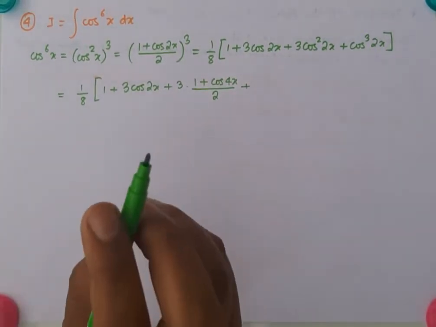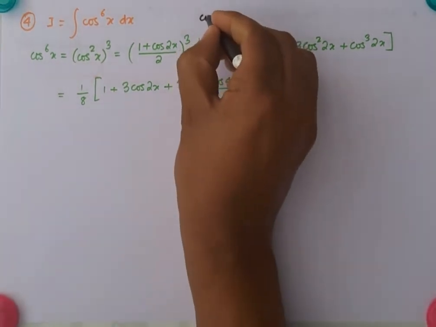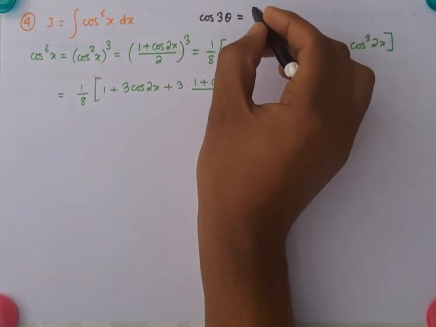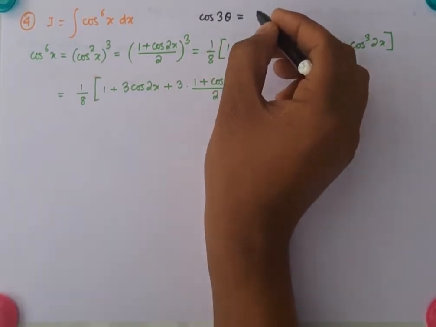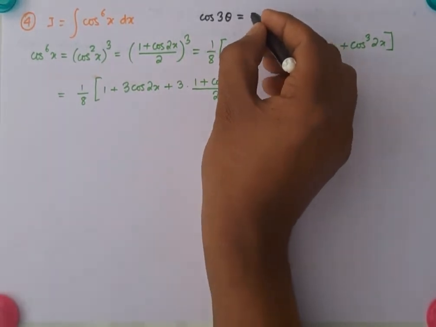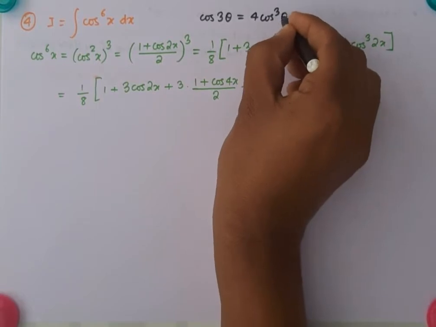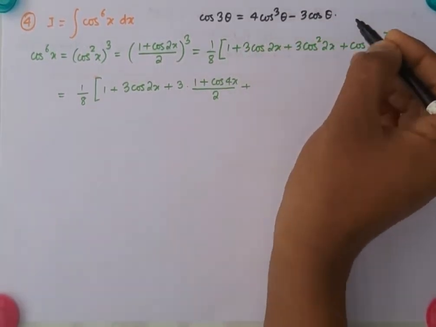Now if you refer to your triple angle formula, cos 3 theta equals 4 cos cube theta minus 3 cos theta. So this is the formula.